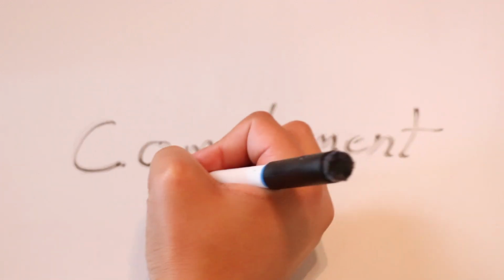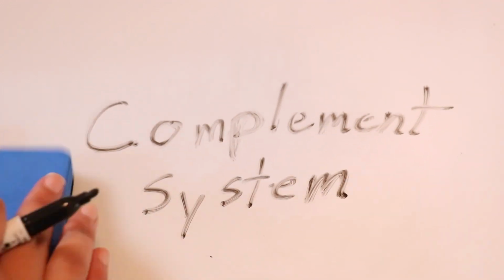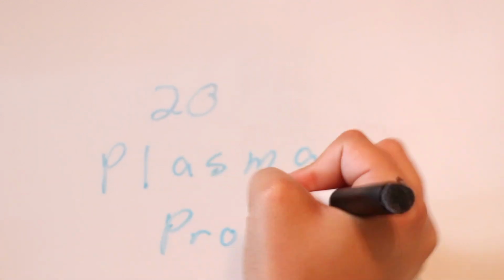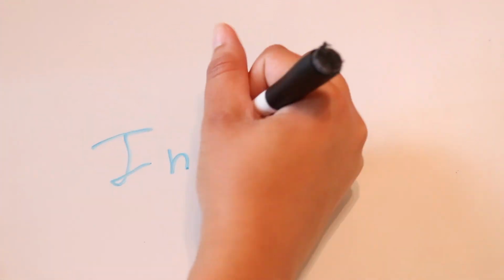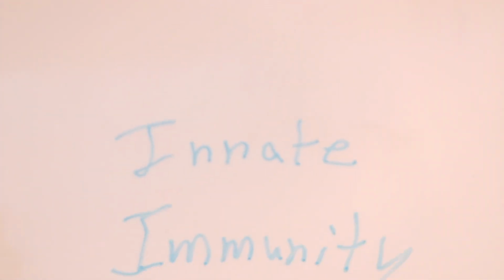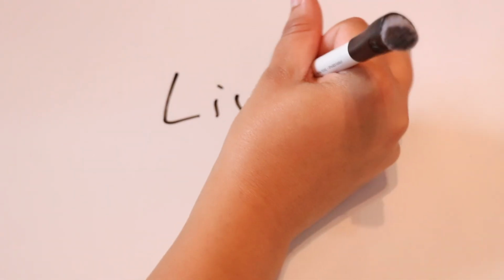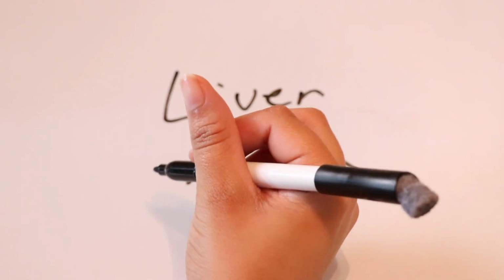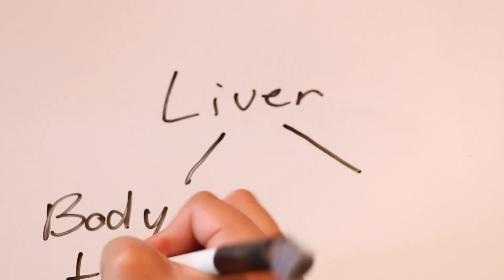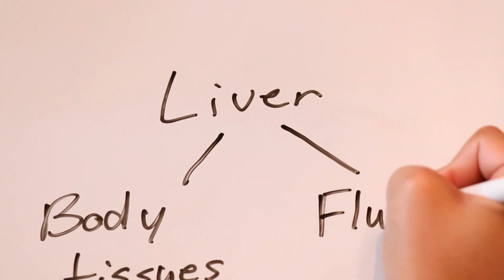So the complement system has a group of 20 plasma proteins and is also an essential part of the innate immunity. It is made in the liver and widely distributed among the body tissues and fluids.